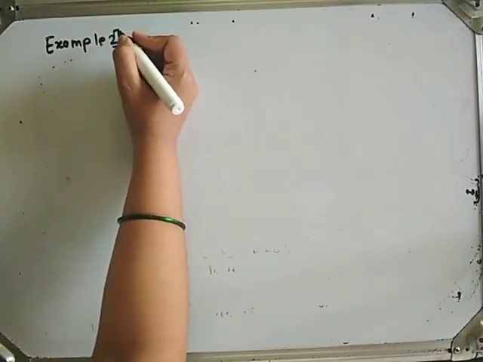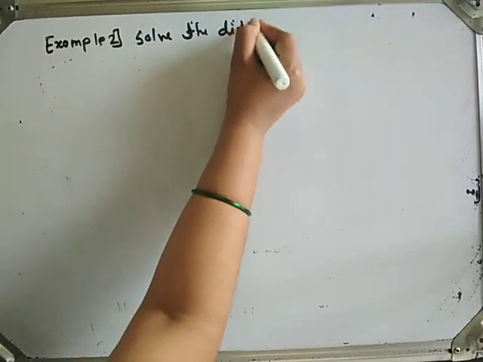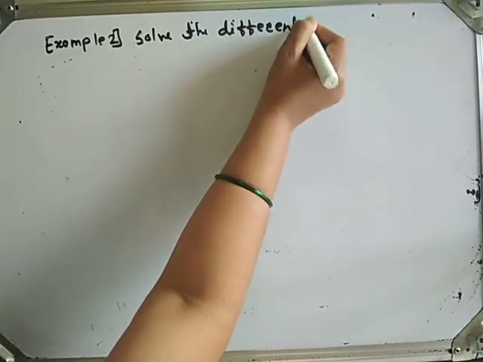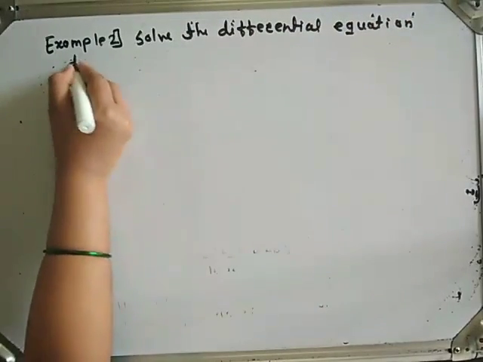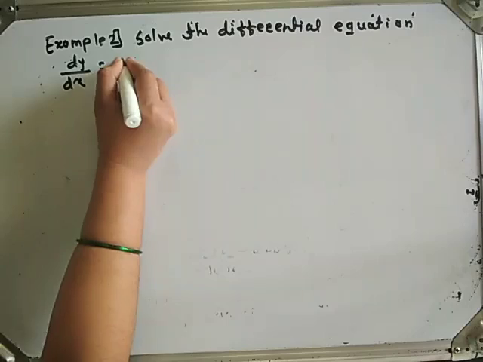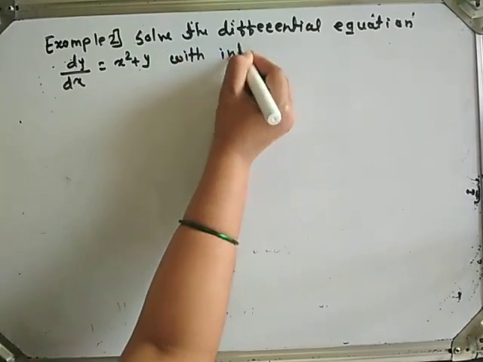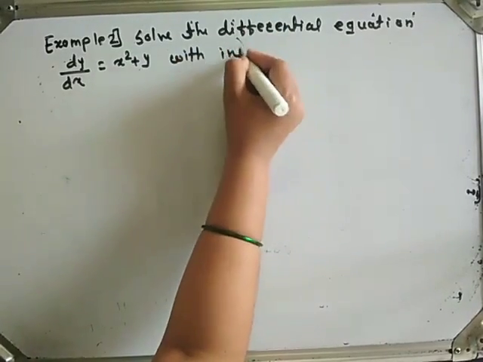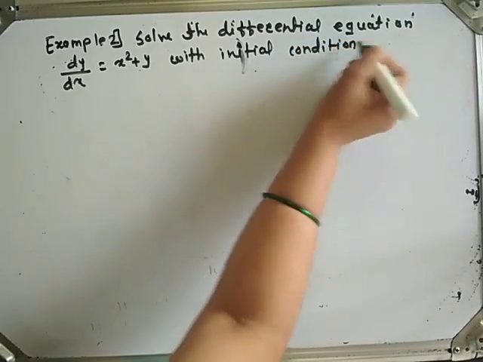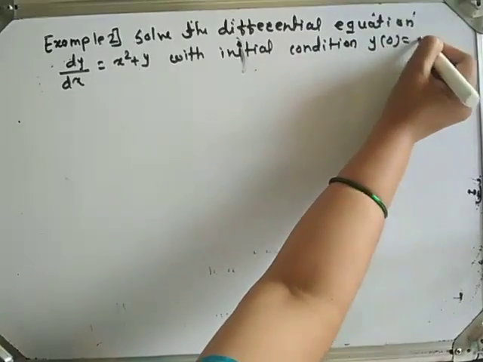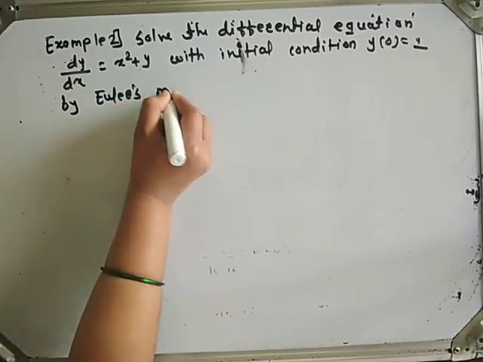The second example is: solve the differential equation dy by dx equals x square plus y with initial condition y of 0 equals 1 by Euler's method.